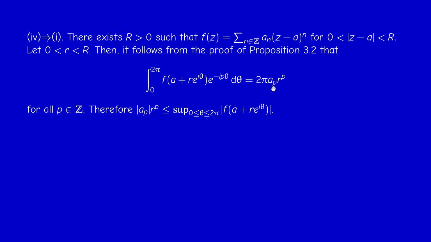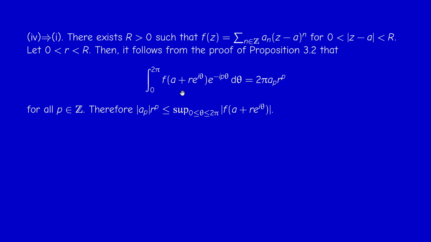When I take the modulus, I get that the modulus of 2 pi a_p r^p is less than the modulus of the integral. But the modulus of the integral is less than the integral of the modulus. And therefore, when I divide by 2 pi, I get this estimate.